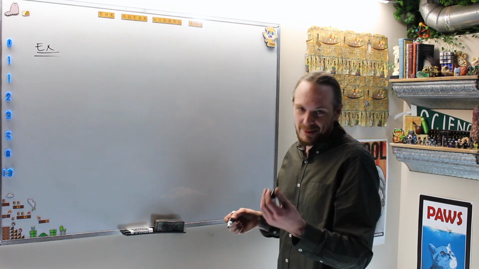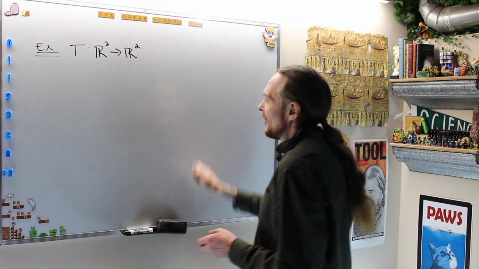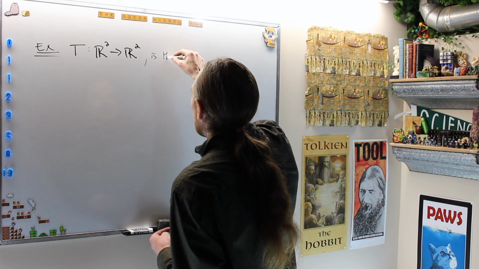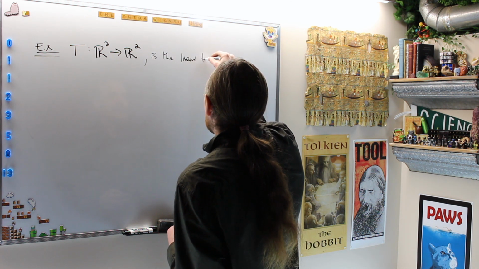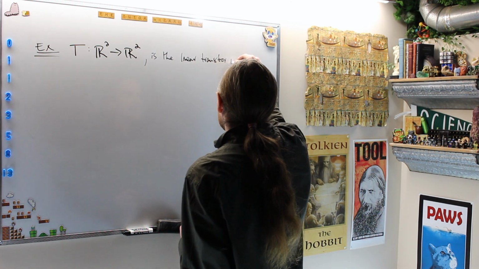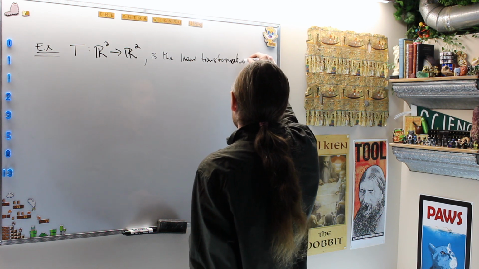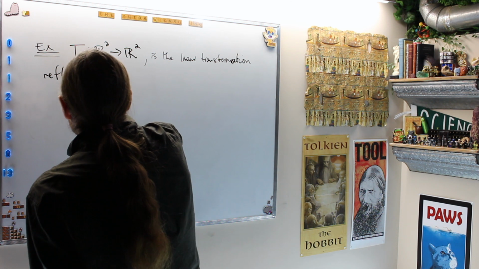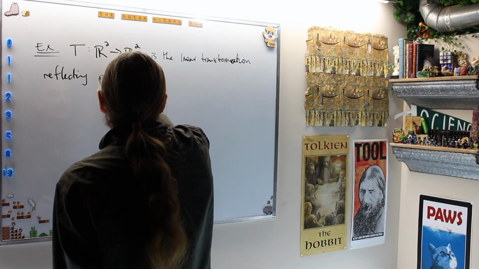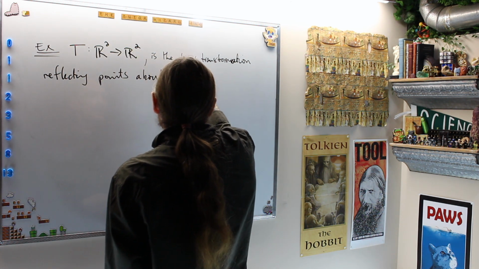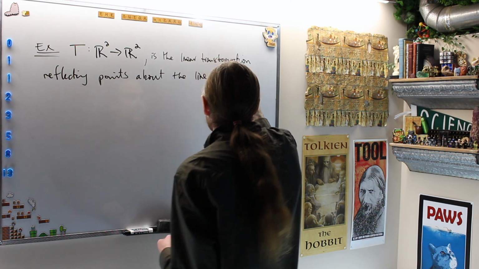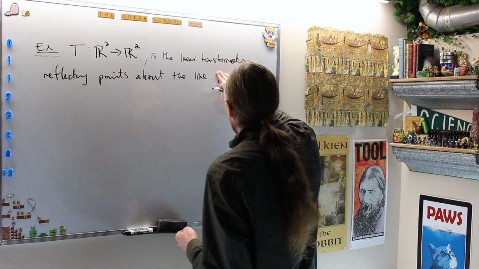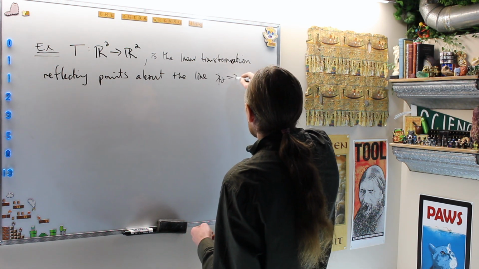Should we do 3? Let's do 3. It's in R2. T from R2 to R2 is the linear transformation reflecting points about the line X2 equals X1.